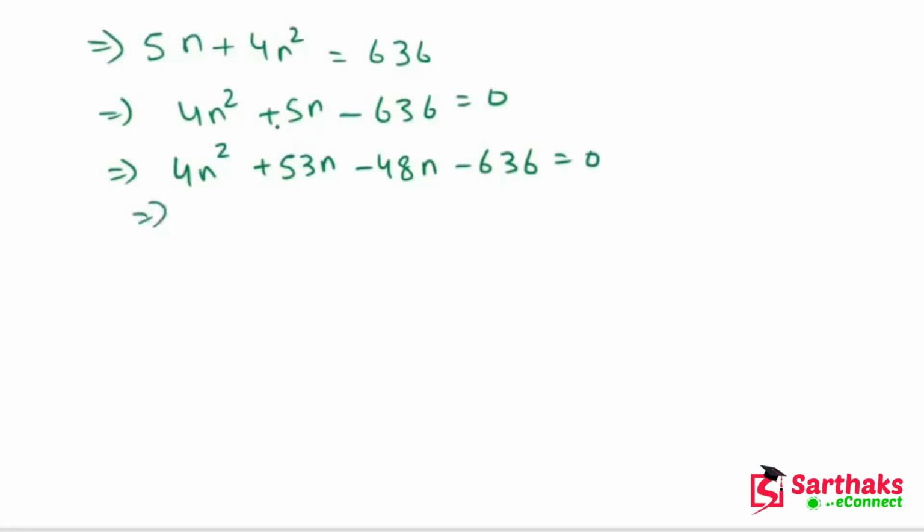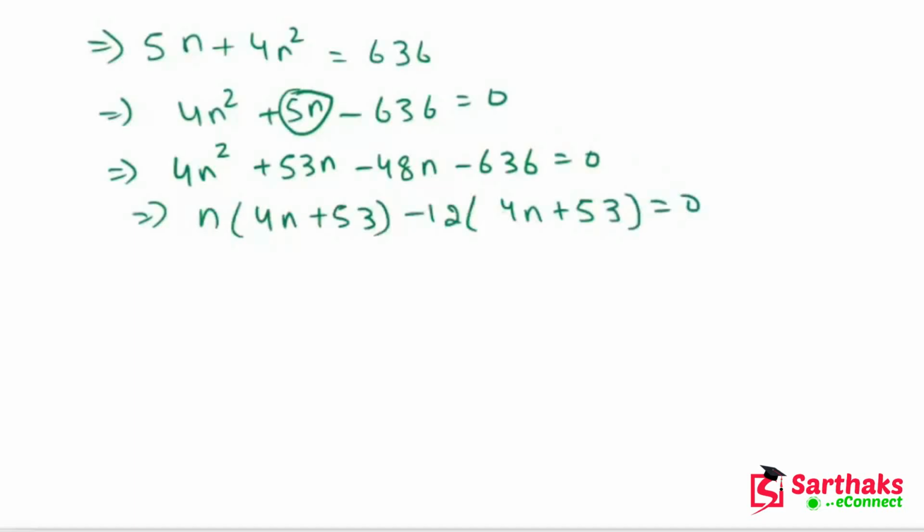We have to break this 5n so that the sum is 5n and the product is equal to the product of the coefficient of n square and the constant term. Now we take n as common, we get n into (4n plus 53), and then we take minus 12 as common, we get minus 12 into (4n plus 53), which is equal to 0.